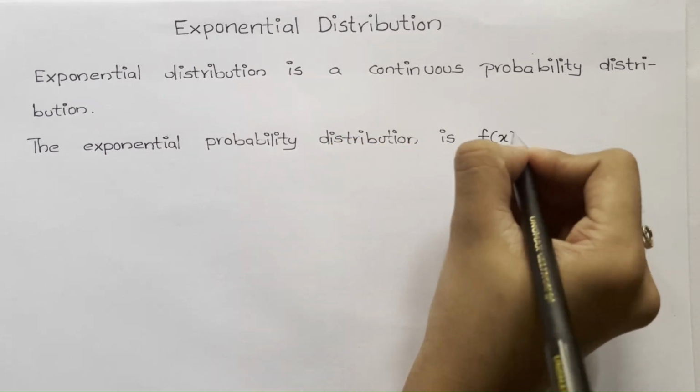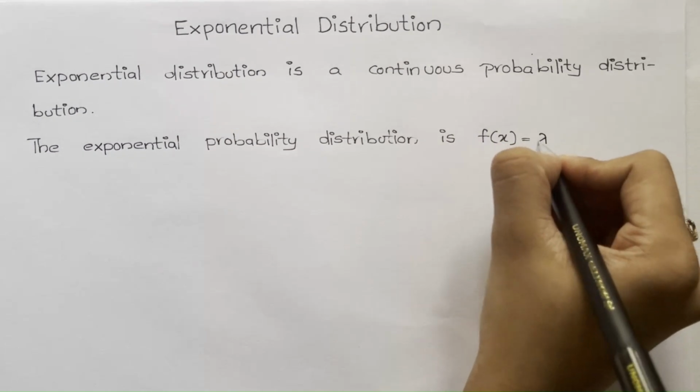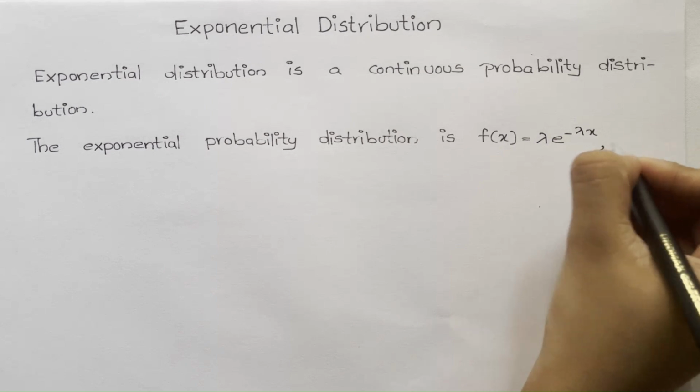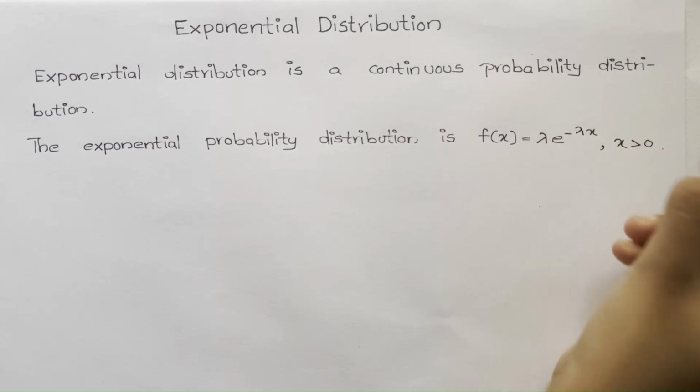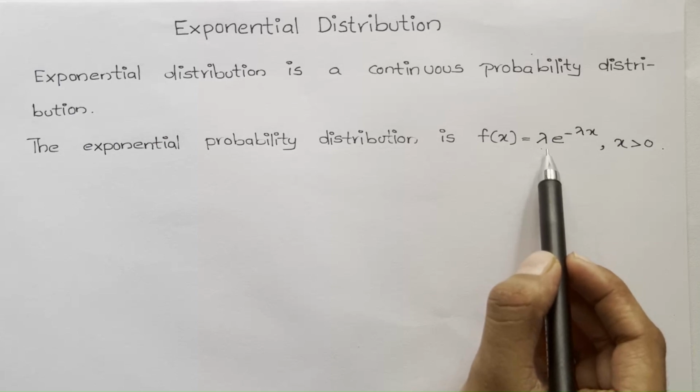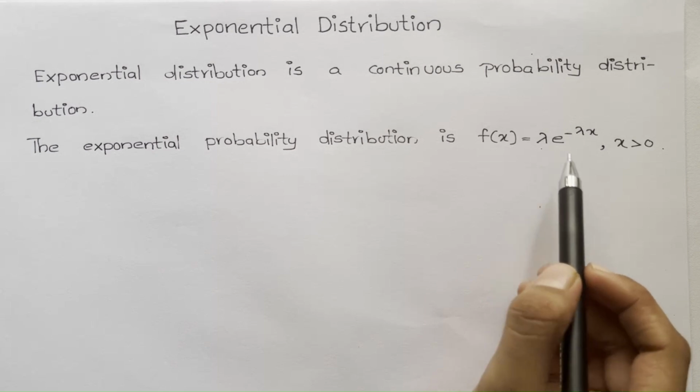f of x equal to lambda e raised to minus lambda x for x greater than 0, where lambda is the parameter of the exponential distribution and lambda is any real constant.